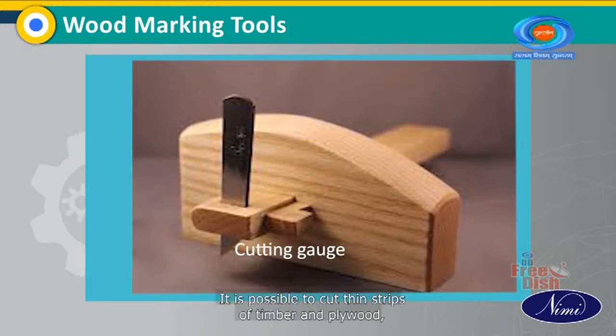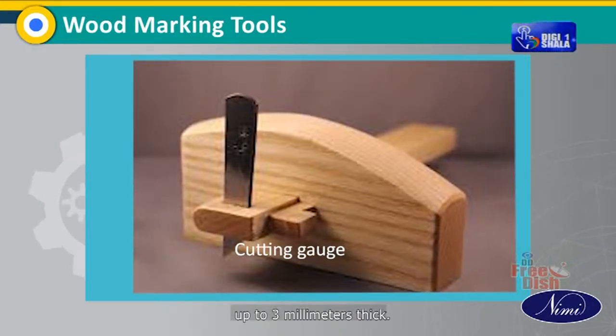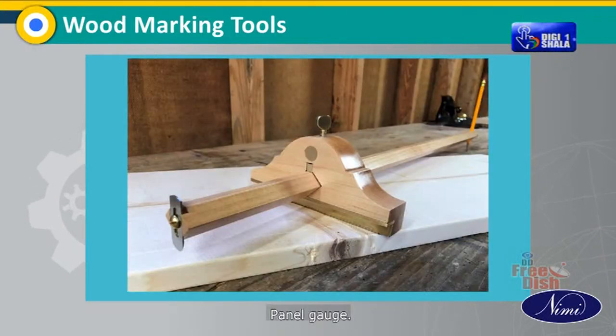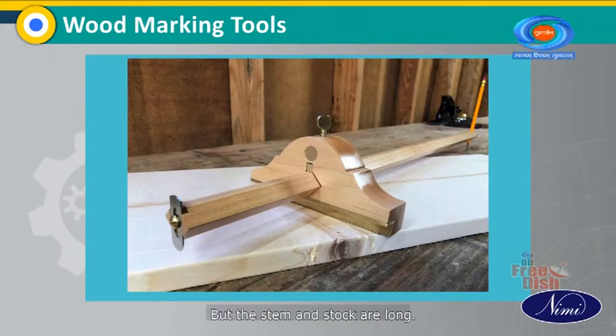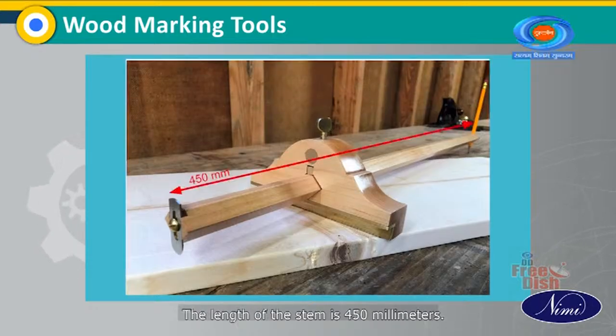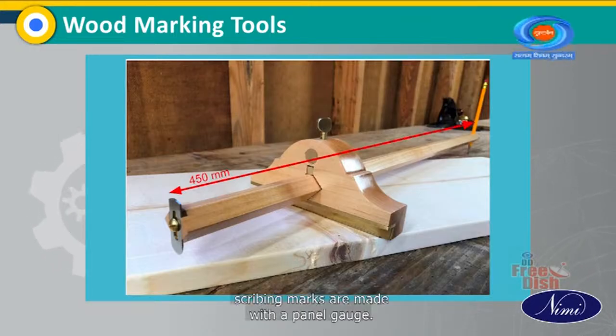It is possible to cut thin strips of timber and plywood up to 3 mm thick. Panel gauge. This is just like a single marking gauge, but the stem and stalk are long. The length of the stem is 450 mm. In planks longer than 150 mm, scribing marks are made with the panel gauge.